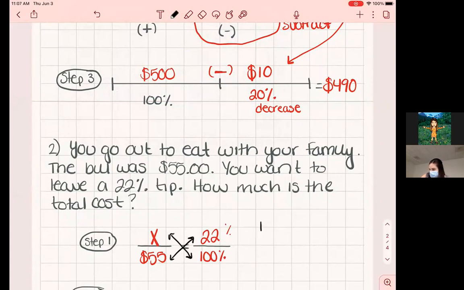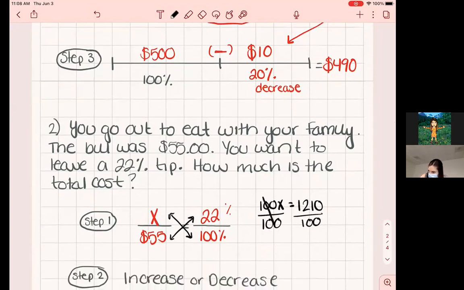You're going to get 100x equals 1210. Get rid of that 100 by dividing by 100. What I do to one side, I do to the other. Those 100s cancel, and x should be 12.1. And again, this is money, so it's totally okay to have decimals, 12.10.